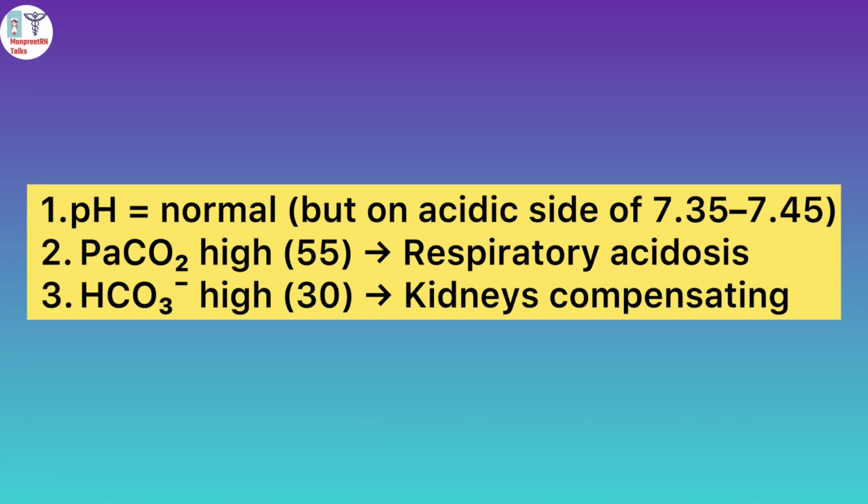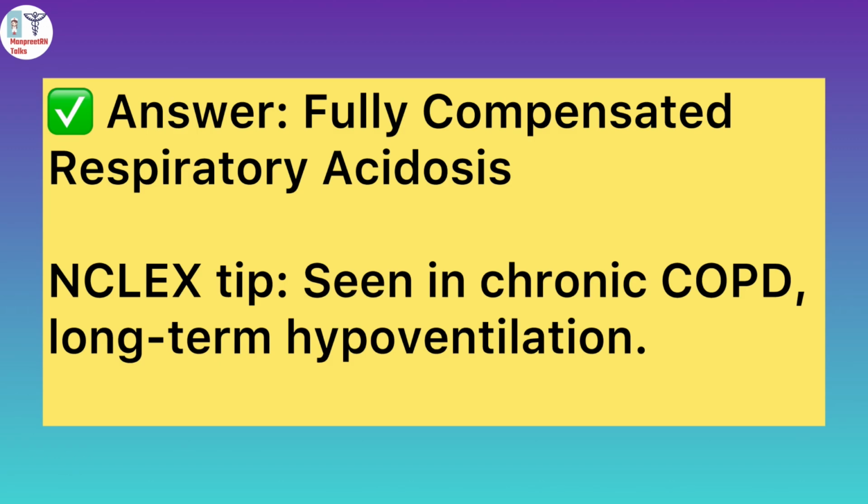Next PaCO₂ is 55, that is high, so it is respiratory acidosis, and bicarb that is 30 is also high. So in this case the kidneys are compensating. So the answer is fully compensated respiratory acidosis, which means the kidneys are compensating for it. The NCLEX tip here is that this is usually seen in chronic COPD patients with long-term hypoventilation.